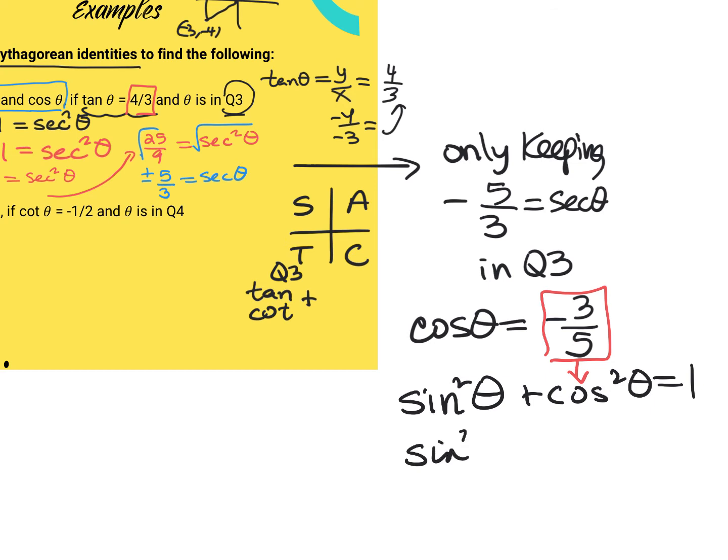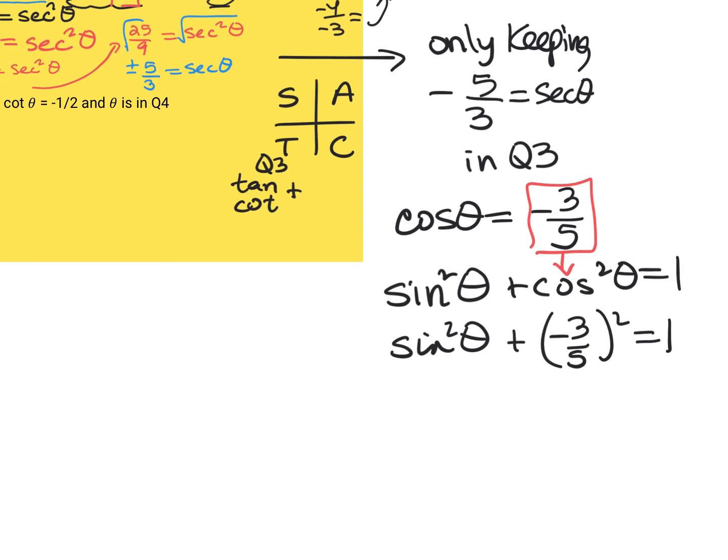I'm going to take what I just got for cosine and plug it in here and square it. So sine squared theta plus negative 3/5 squared equals 1. Going to square the fraction. It becomes 9/25. This would be a plus sign. I'm going to change this whole number 1 here. I'm going to make it a fraction.